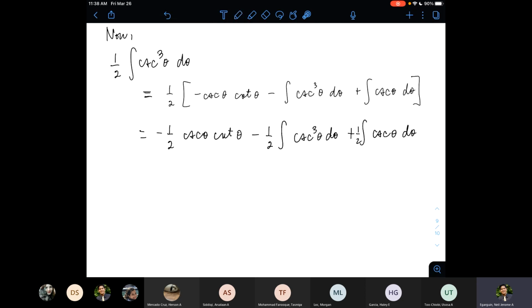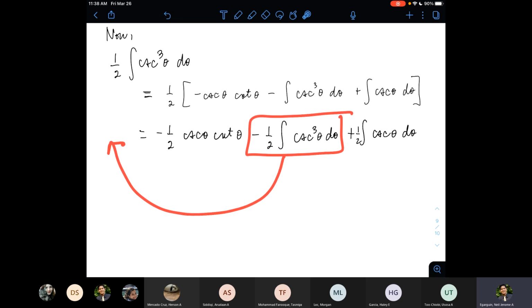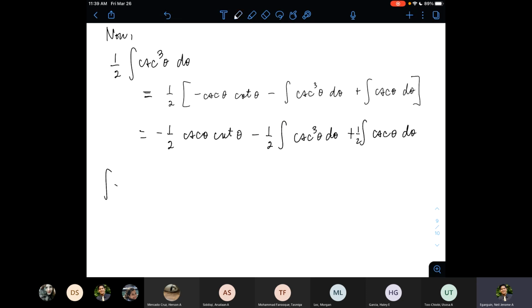Okay, and then what I can do is, oh, this is exactly what we have on the left side, so I can transpose this onto here. So I'll have a positive 1/2 on the left instead, and that completes the integral of cosecant cube theta d theta. So this would be negative 1/2 cosecant theta cotangent theta, and then plus 1/2 integral of cosecant theta d theta.